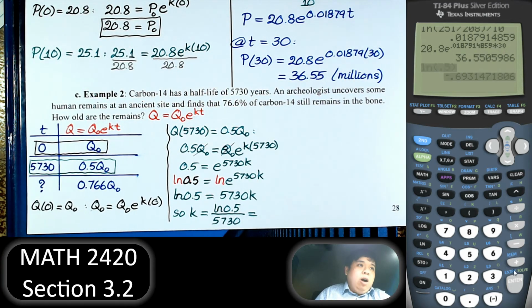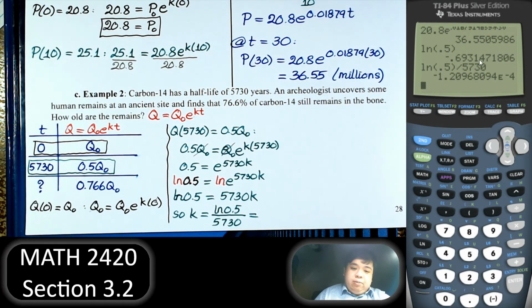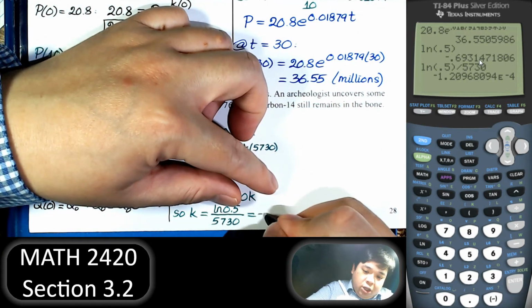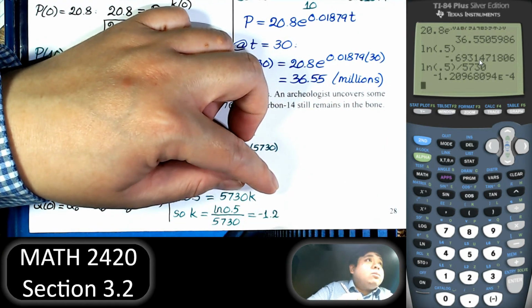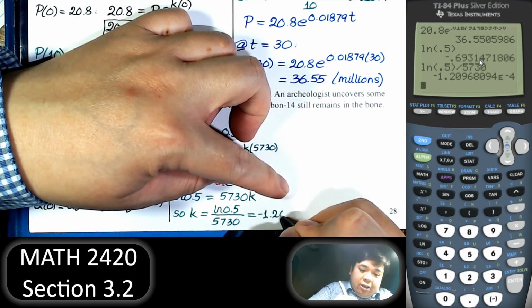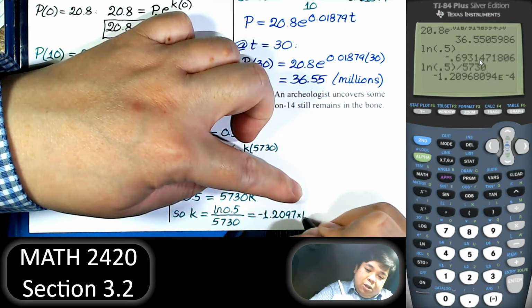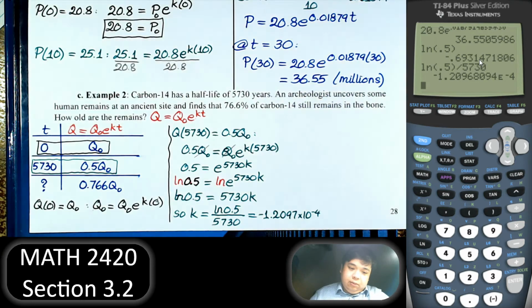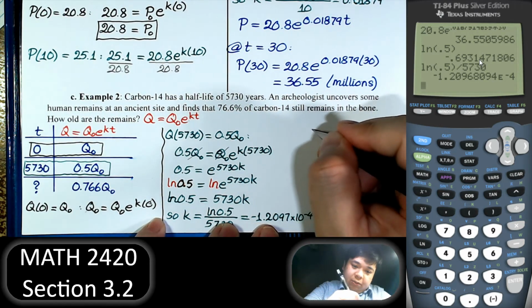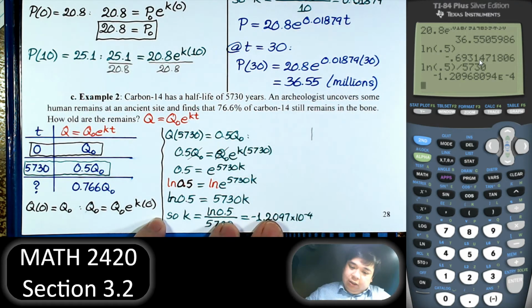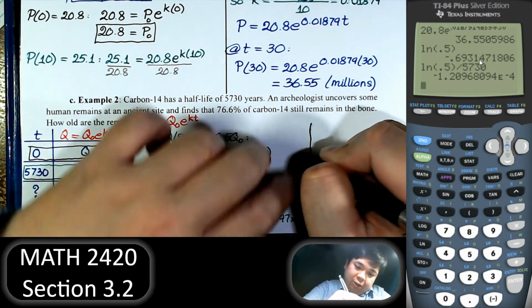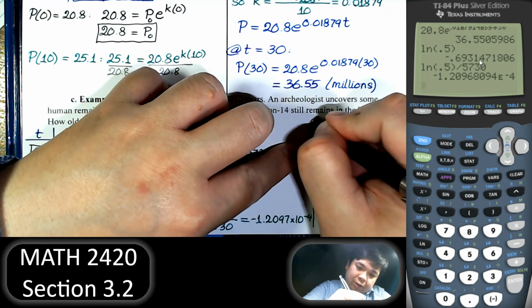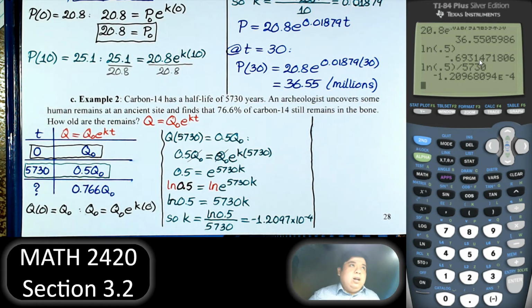So ln of 0.5 divided by 5,730, and we have negative 1.2097 times 10 to the negative 4. I will just keep that number.